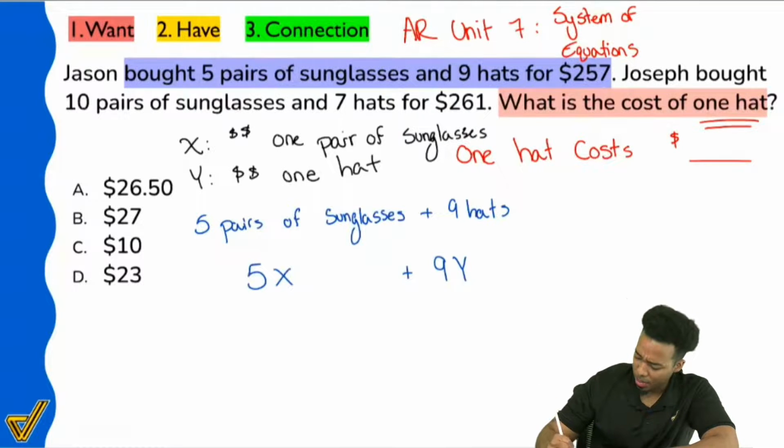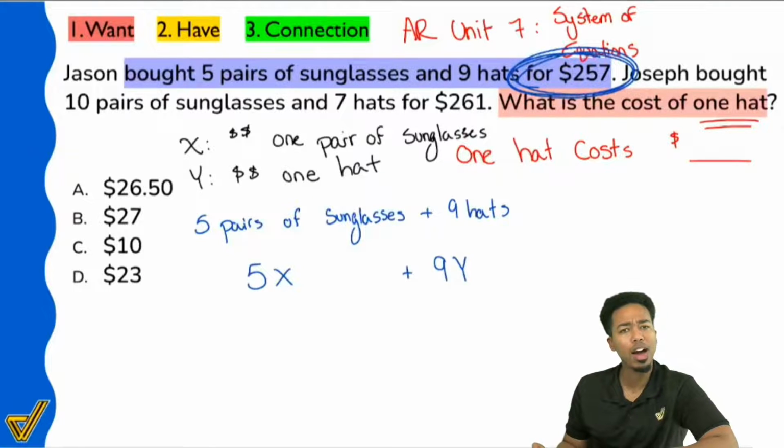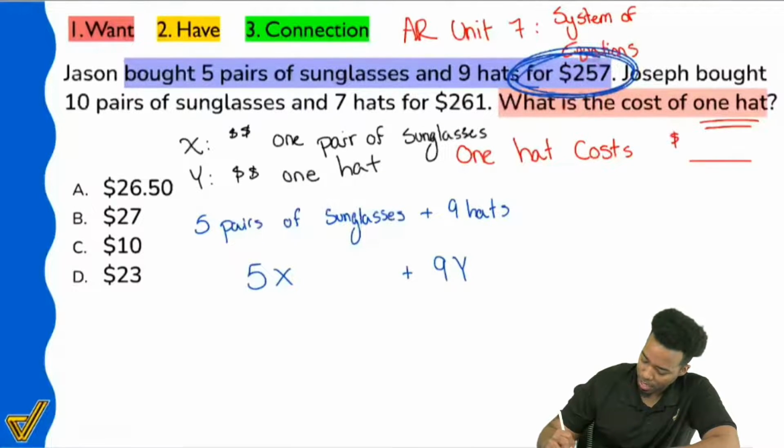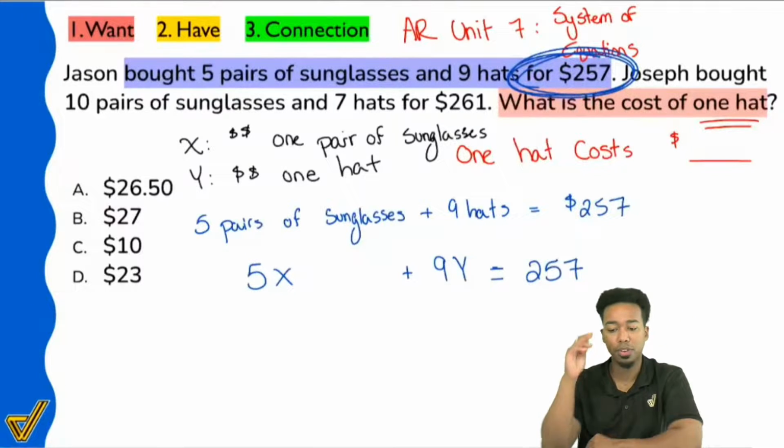And then what did it say, everybody? How much did we buy all of that for? Right, 257. So 5 pairs of sunglasses plus 9 hats, that's going to be 257. So that would be 5x plus 9y equals 257.